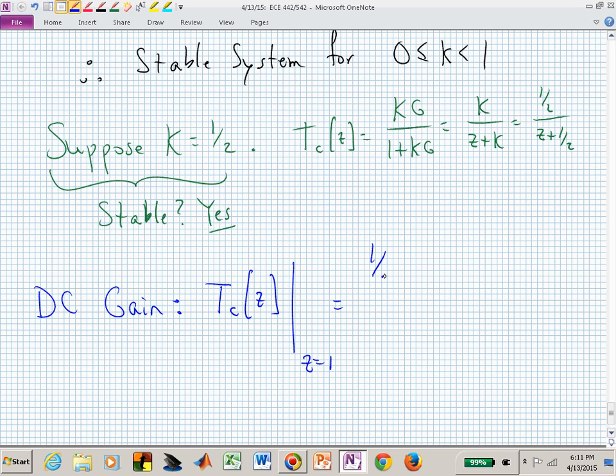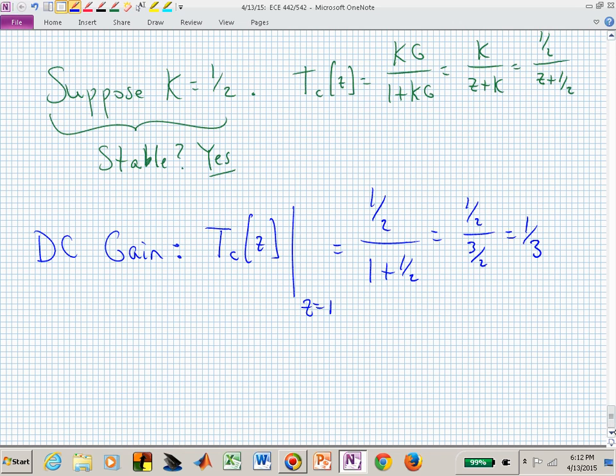Now you simply replace all of your z's with 1, which there's only one of those. And now you have a DC gain of 1/3, which means if you put in a value of 2, you're going to get 1/3 of that at the output. That's what the DC gain means, after the transients have vanished. You put in a 3, you're going to go to 1.